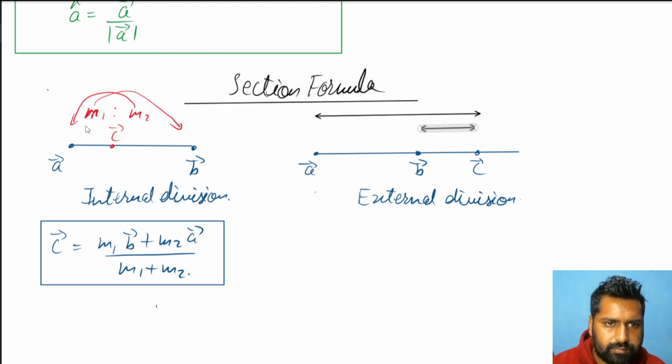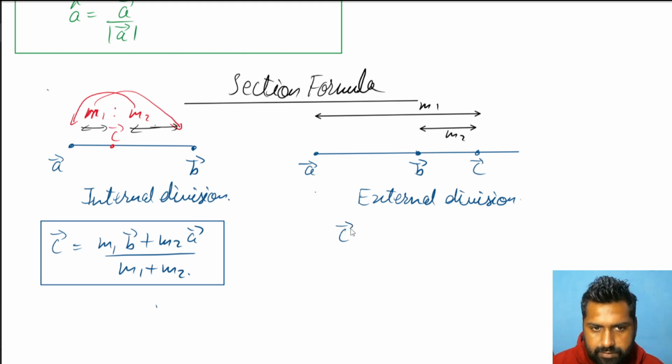Here this was M1, this was M2, right? They are being divided in some ratio. This time the ratio is again M1 and M2, they are divided like this. So C vector is M1 B vector minus M2 A vector. So instead of plus you have minus, that's it, upon M1 minus M2.